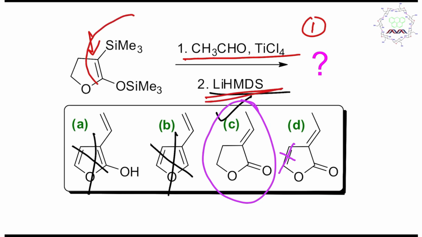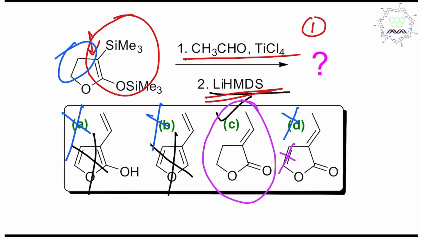So this part will be the same, but this part will have no aromaticity because no oxidant was given. So option A gone, option B gone, obviously option D also gone. So this part will remain. What is left? Option C. So this is very easy using these tricks, but I always request you, student, please don't follow tricks at the beginning. Just learn the chemistry properly, later on you follow the tricks, then you will get success very easily.